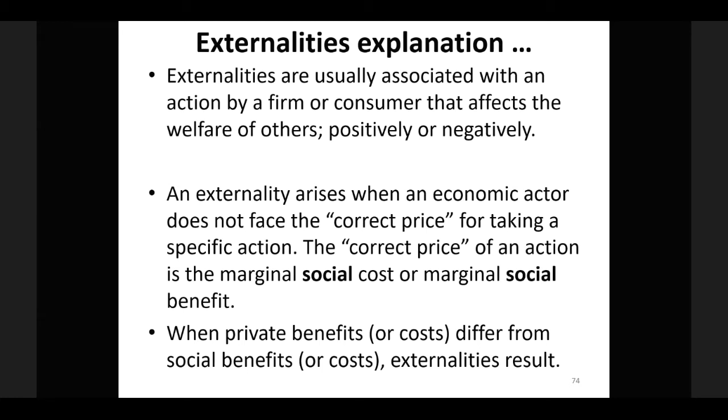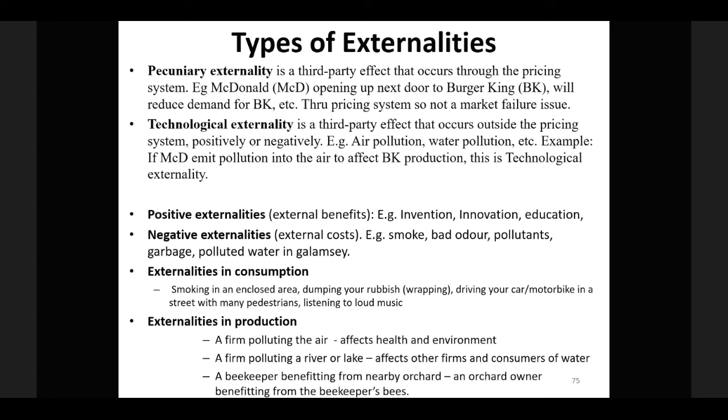And the correct price refers to what is referred to as marginal social cost, or the cost to society, or the benefit to society at large. This is the correct price that does it. So when the private cost or private benefit deviates from the social cost or social benefit, then we say an externality results.